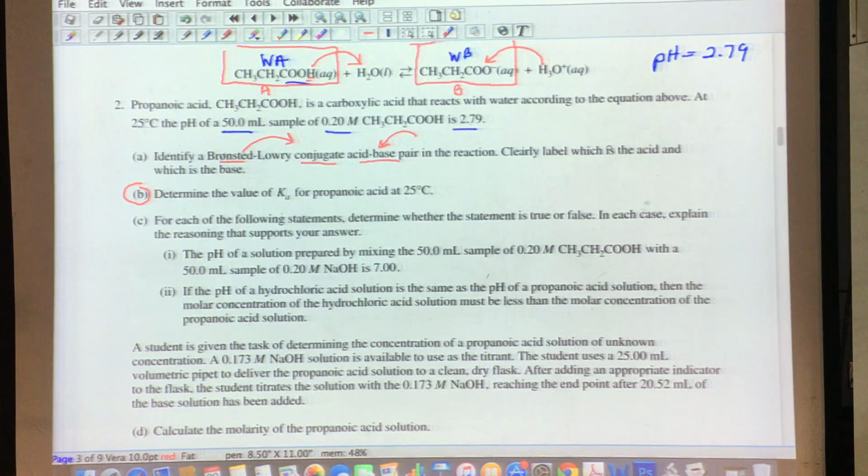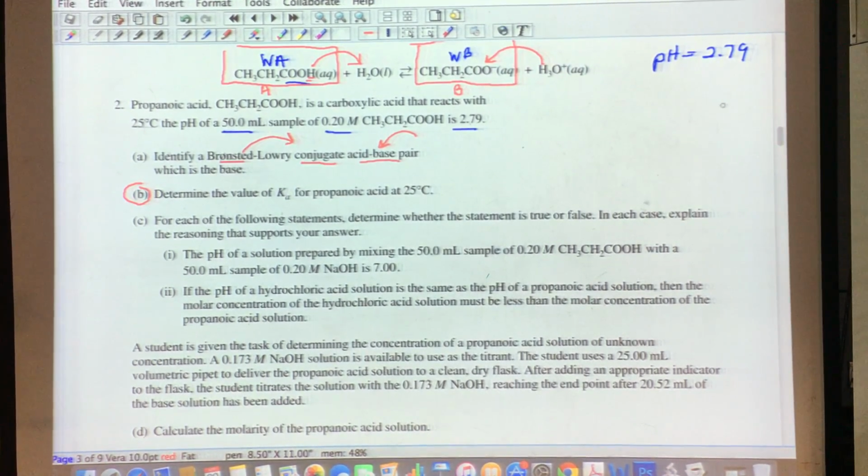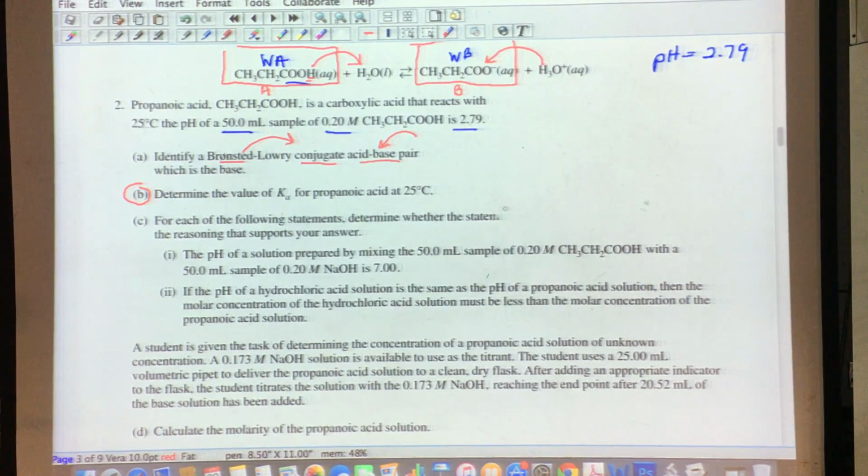Now the first thing I need to know with Ka of the acid is the concentration of all the players at equilibrium. Now, what is Ka?